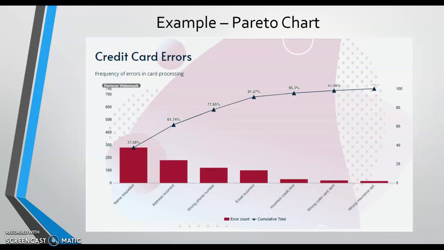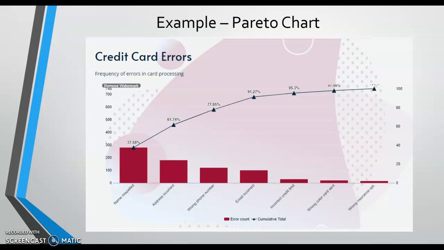Another example would be this Pareto chart. What the Pareto chart does is arrange issues in order of frequency from left to right, left being higher frequency. It gives you something to focus on in terms of the most frequent issues that are probably causing the majority of the problems.